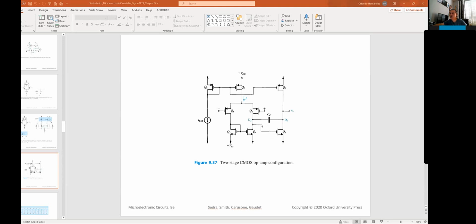So again, A1 in the expressions that I wrote before is the differential gain between the inputs of Q1 and Q2 converted to single-ended at this node. And then here we drive the common source Q6, which gives us the gain for stage 2 as it's loaded by Q7. And here we have the output of the whole thing.